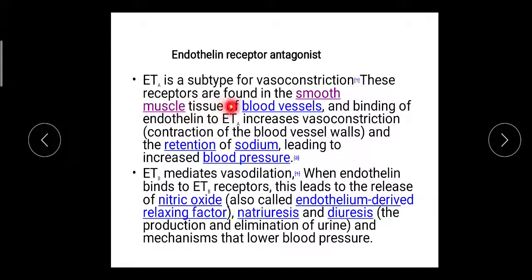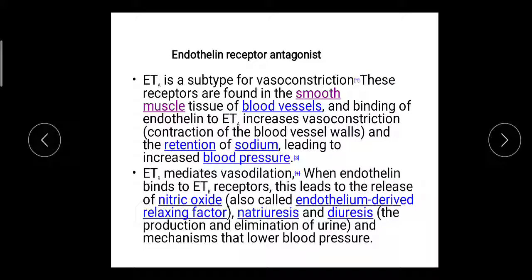These receptors are found in smooth muscle tissue of the blood vessels, and binding of endothelin to ETA increases vasoconstriction, that is contraction of the blood vessels, and also causes retention of sodium, leading to increase in blood pressure. So our drugs are endothelin receptor antagonists.